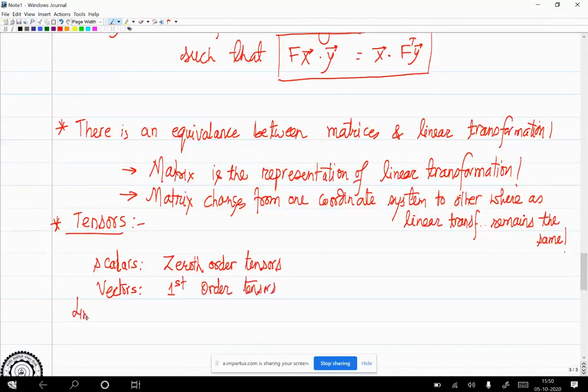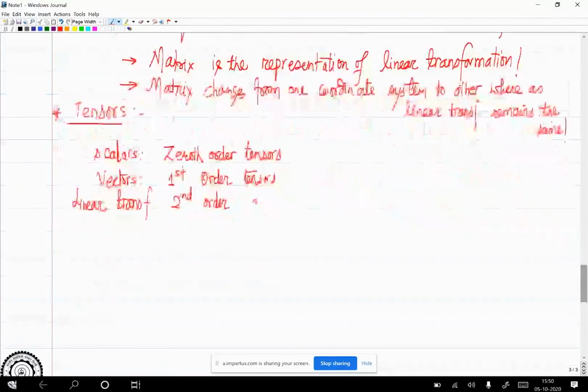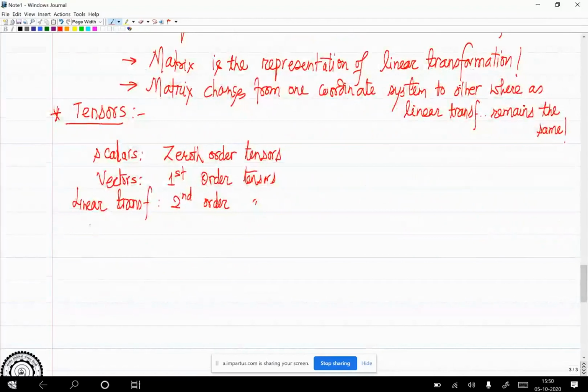The linear transformations that we just talked about are second order tensors. And there are many more actually: third order, fourth order, and you can keep going.